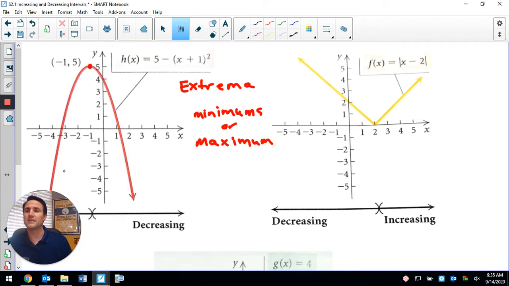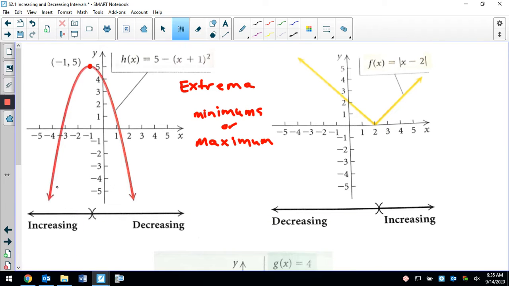All right, so in the case of this parabola that has a maximum point at (-1, 5), we would say that it is increasing, because remember, we're reading the graph from the left side to the right side.